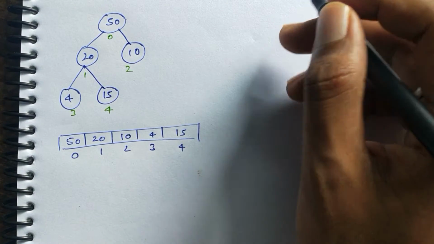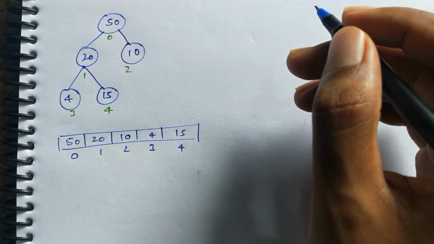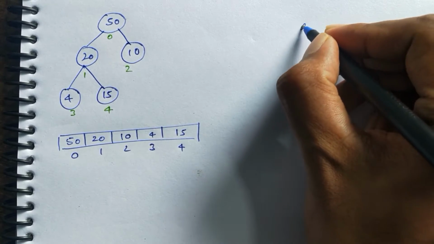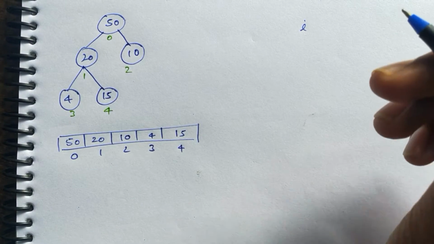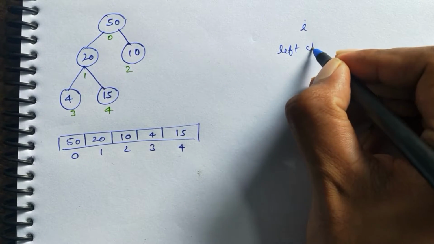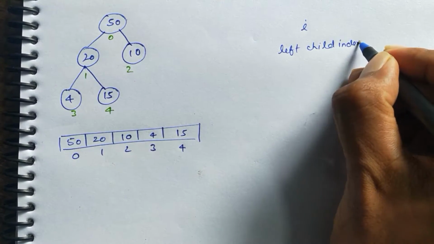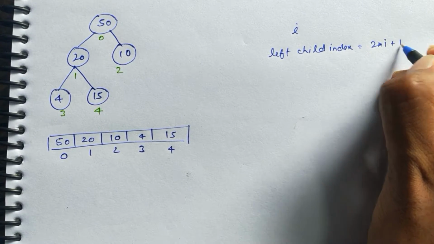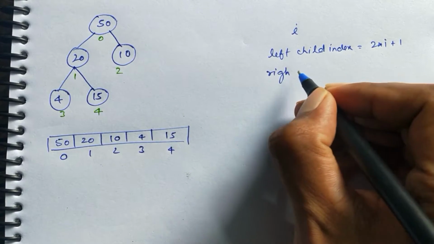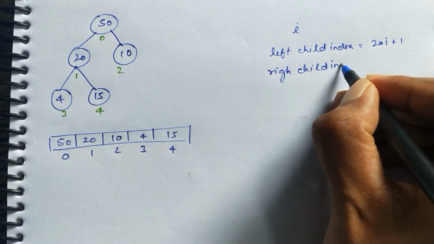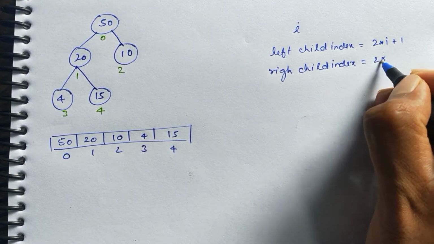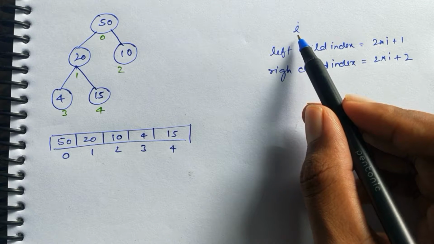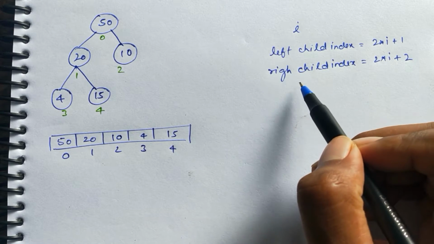If we know the index of a node and we have to find the index of its children, let's assume I is the index of a node, then the left child index will be 2 into I plus 1, and the right child index will be 2 into I plus 2. So from the index of a node we can find out the index of its left child and right child.